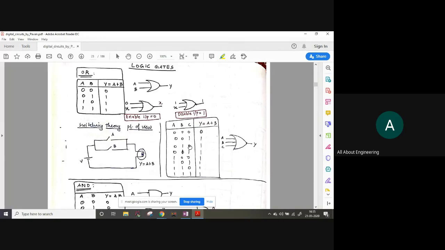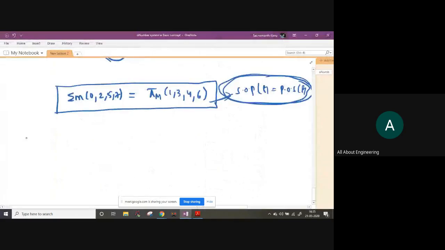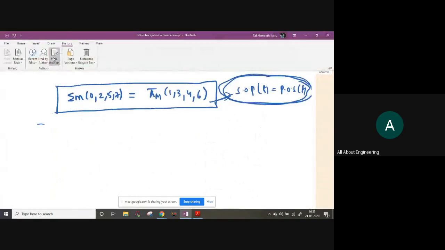Now what you have to know is the enable input and disable input of an OR gate. If you look at the OR gate, let me take my favorite black.